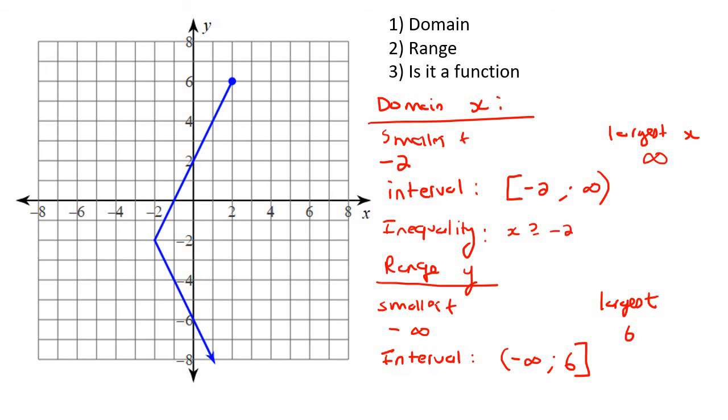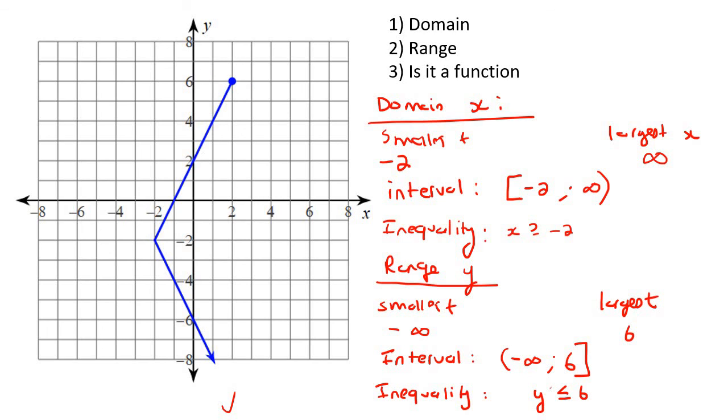If you prefer inequality, then you would say that y can be any number that is smaller than or equal to 6. What that means is that it can be 6, but then it can also be anything smaller. 5, 4, 3, 2, 1, 0, -1, -2, -3, -4. And it goes all the way down to minus infinity.